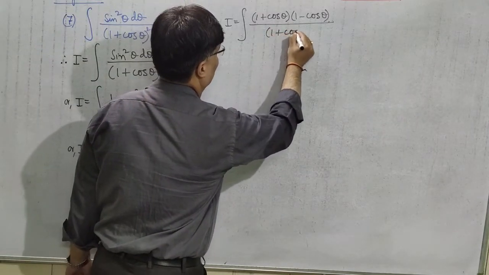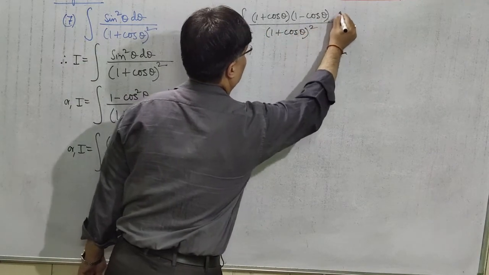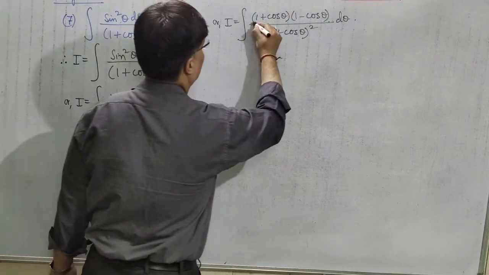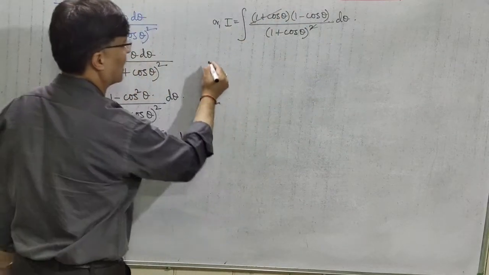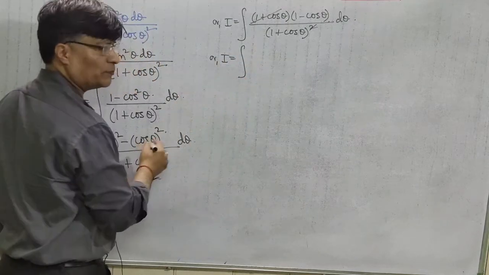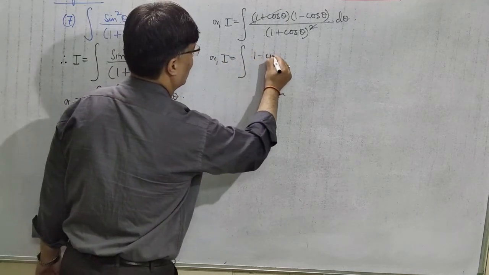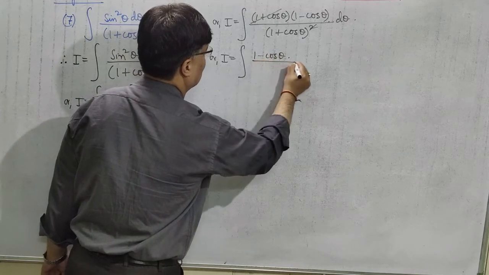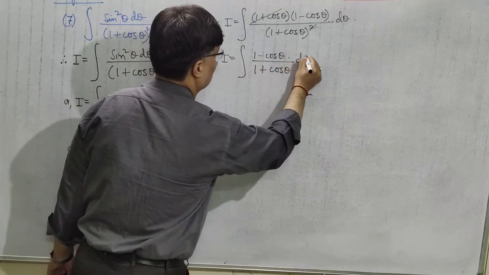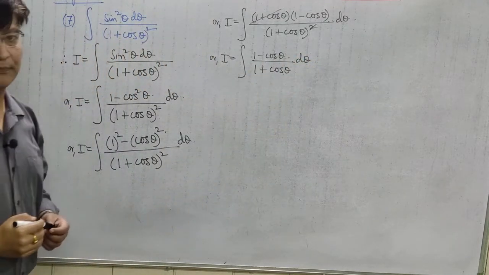Then you can write d theta, right? So here you can cancel, this 1 plus cos theta will be cancelled. Or I is equal to, what is the expression now? It is (1 minus cos theta) divided by (1 plus cos theta). Then you can write d theta.